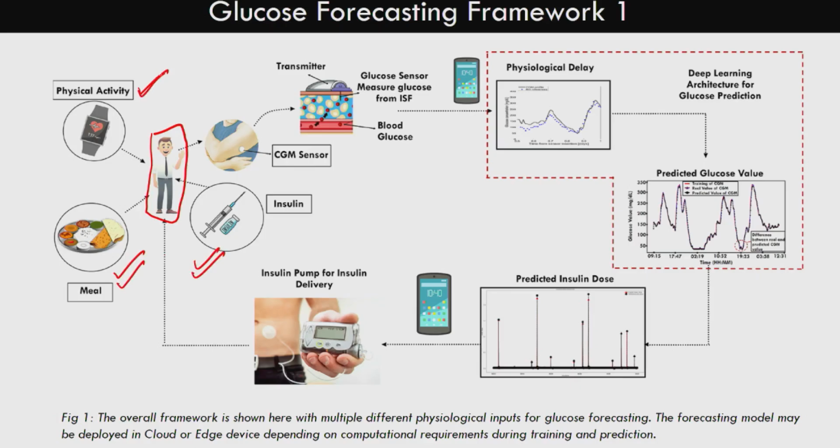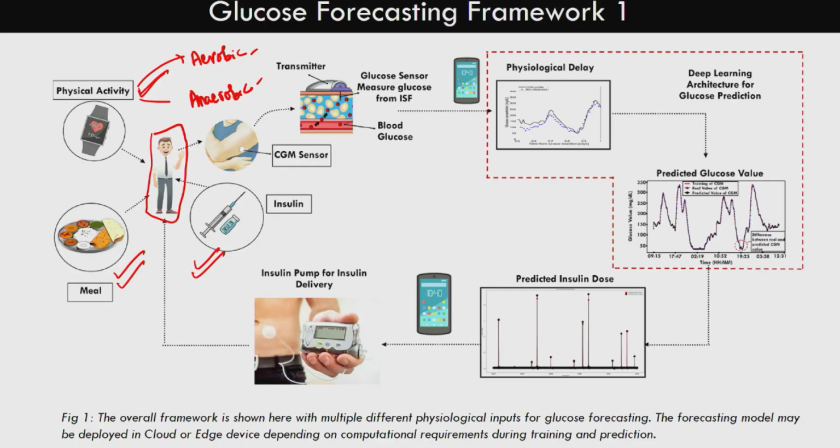The other one is physical activity, and there are two types of physical activity: aerobic and anaerobic. Aerobic and anaerobic will affect the glucose in different ways. Aerobic will lead to a decrease in glucose level, while anaerobic may lead to an increase in glucose level.